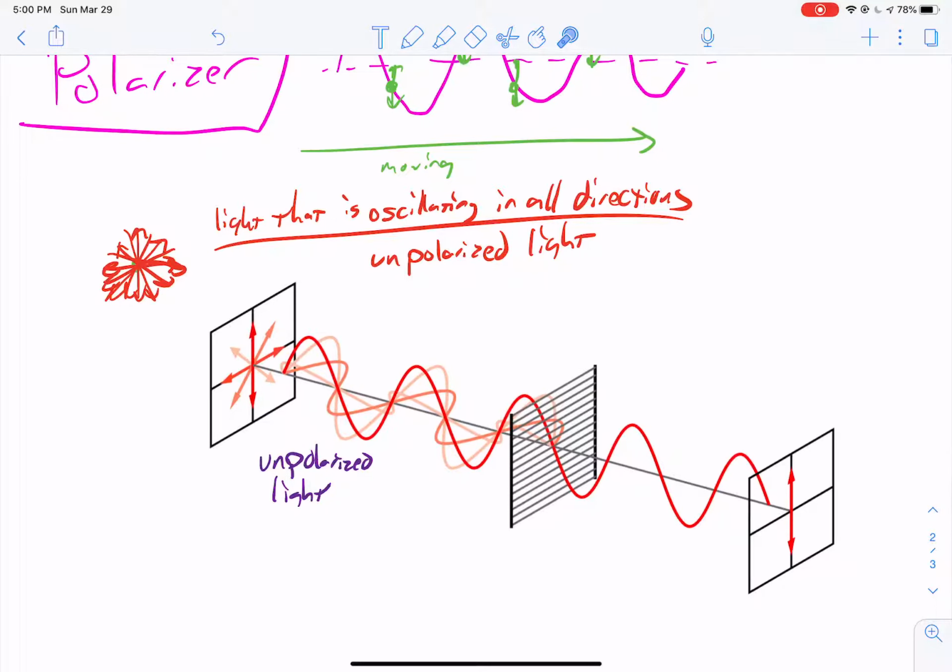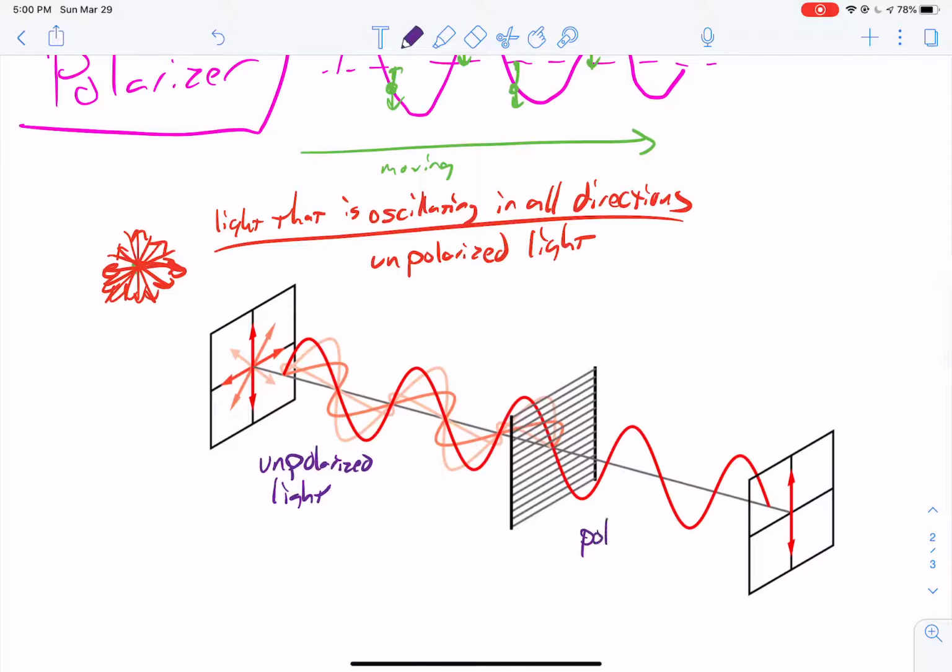This polarizer only lets waves with one plane of polarization through. So while you have unpolarized light over here on the left side, on the right side our light is now polarized. The light only oscillates in one direction. In this case, it's oscillating up and down while the wave is moving roughly to the right. Okay? This is what a polarizer does.